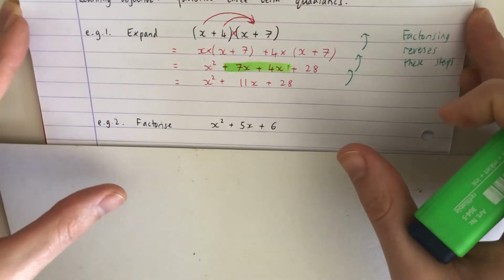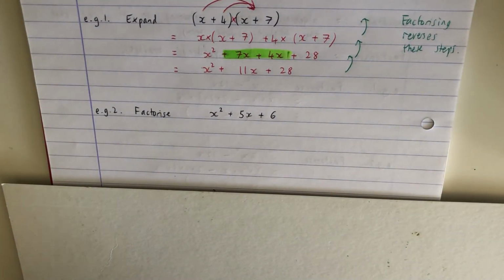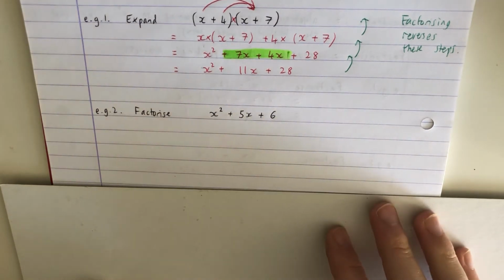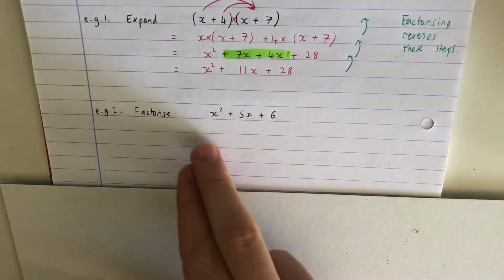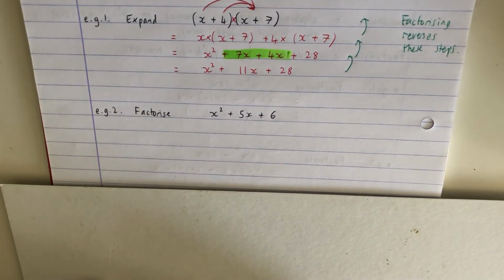Okay, example number 2, we have the following. I shall leave the previous one visible. So, x squared plus 5x plus 6. We want to try and work backwards, so our next step should be this, but with the 5x split up. And the 5x splits up as the following.